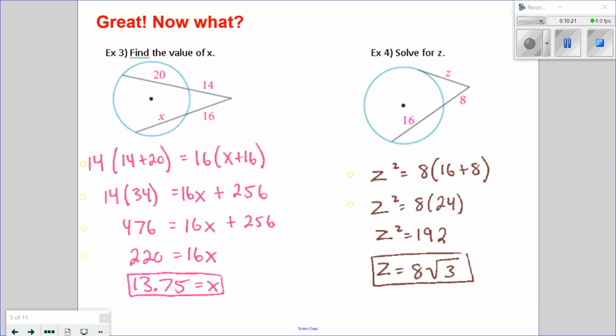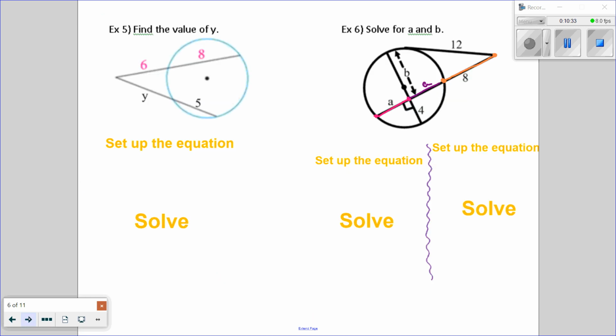Okay, so why don't you go ahead and pause the video and try example 5, solve for y. This one ends up a quadratic. Let's see if you can factor and solve. So our equation's outside piece times whole, outside piece times whole.